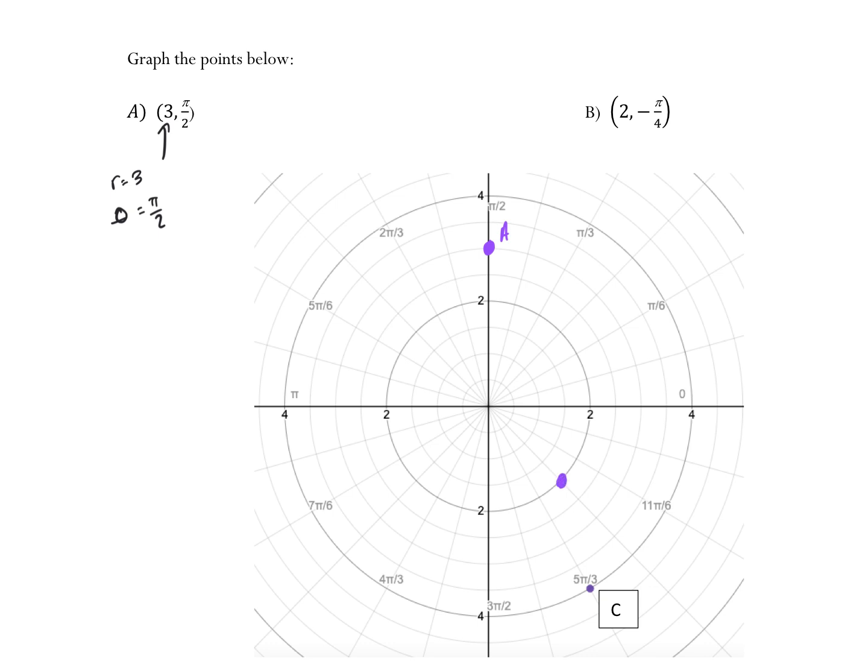Third quadrant, radius of 2. Is everybody with me? Because this is negative pi over 4, it would just be going in the other direction. And as we've done many, many times at this point, (2, negative pi over 4) is equivalent to (2, 7 pi over 4). Right?